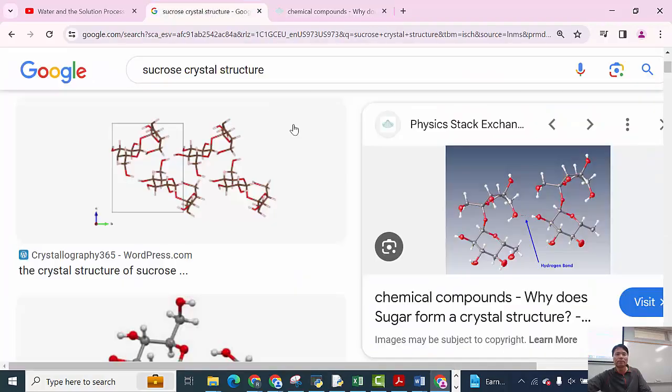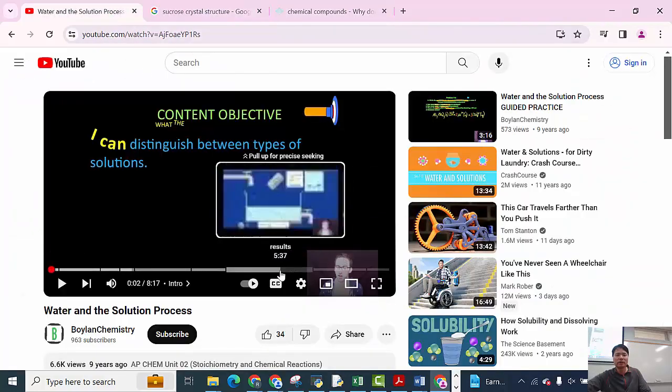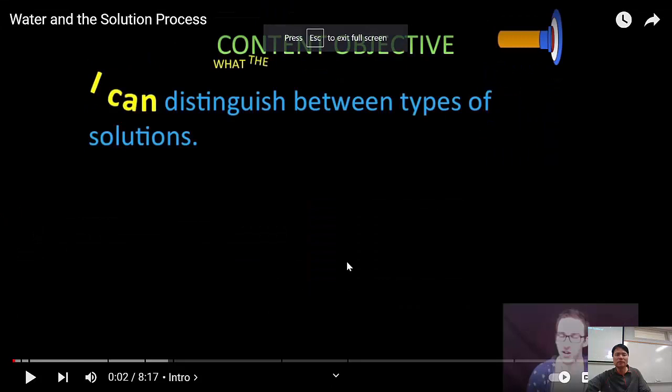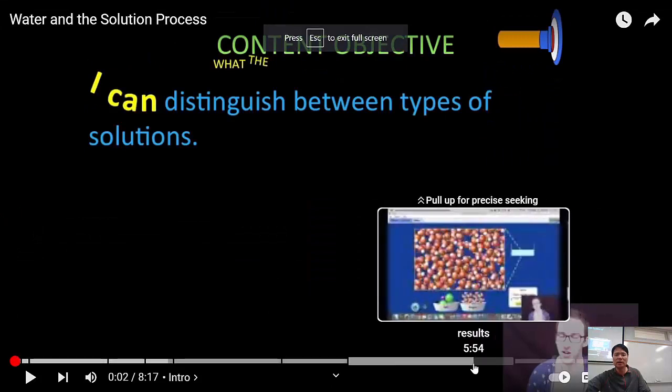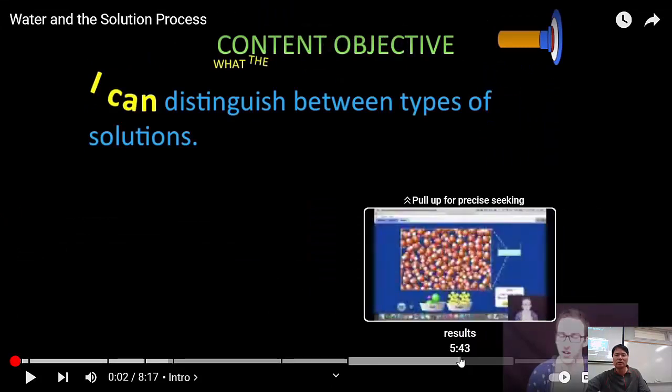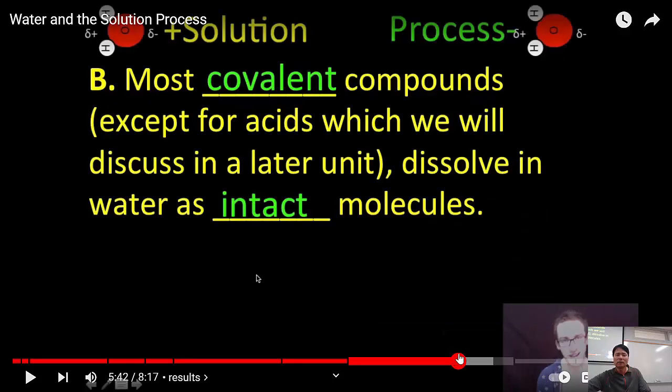And so we could see a little video on this. This is not real good molecular dynamics. This is more cartoon. So they dissolve in water as intact molecules. That's what happens with molecular compounds.